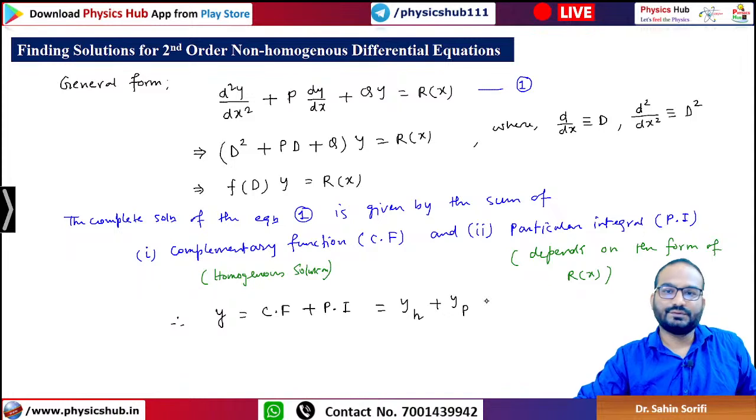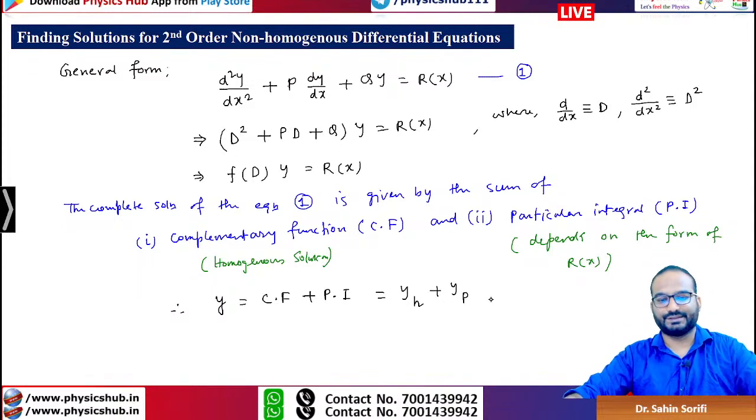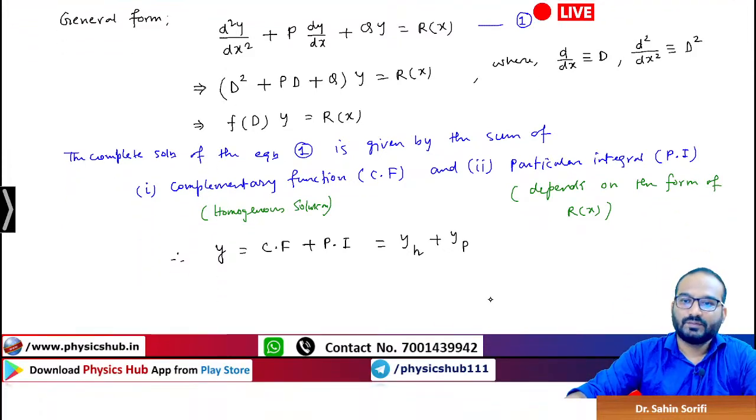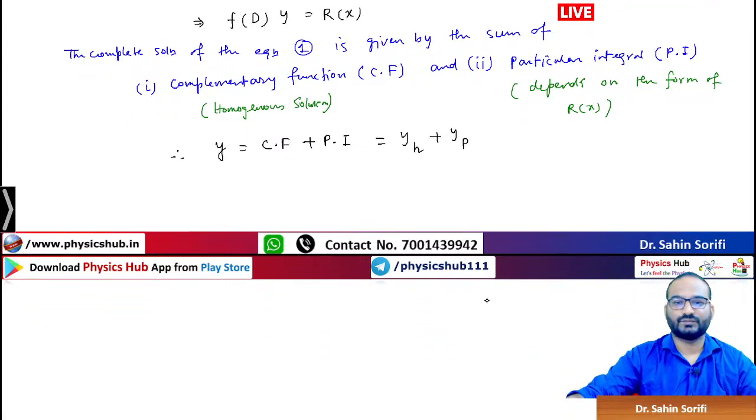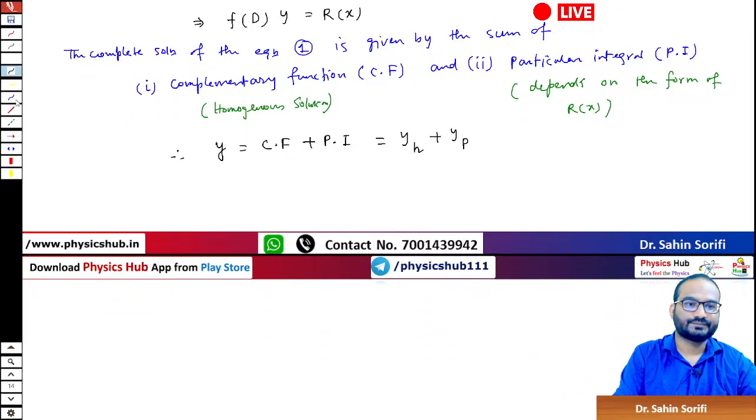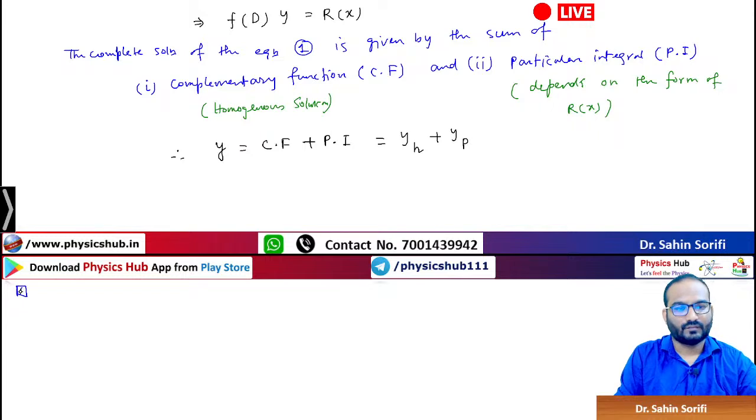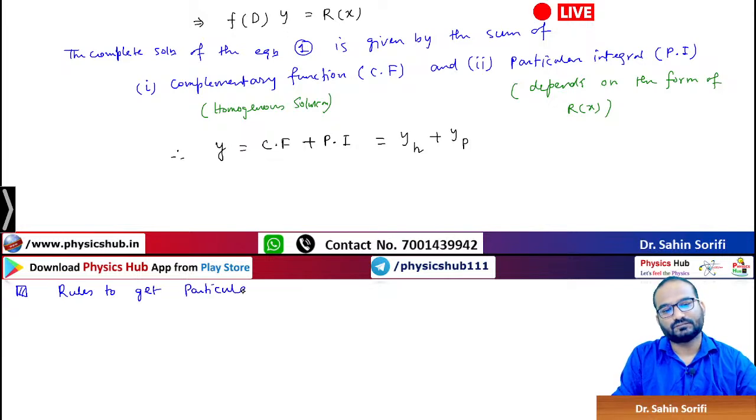There are some rules depending on the different forms of r(x), so let's summarize them. You can give the heading: rules to get particular integral, PI.